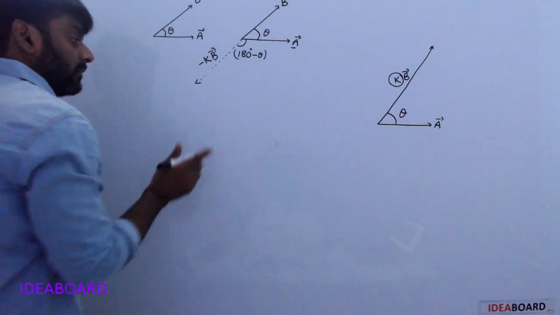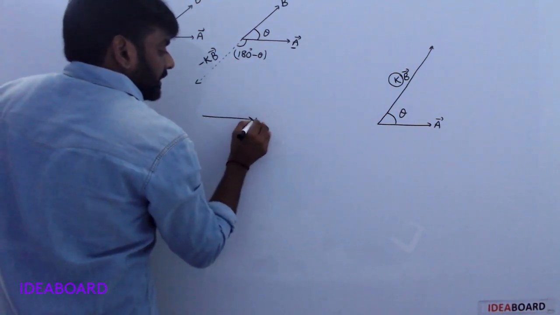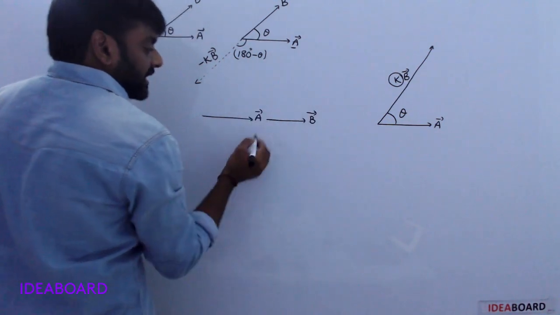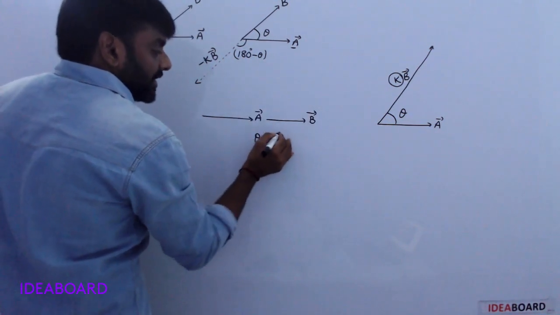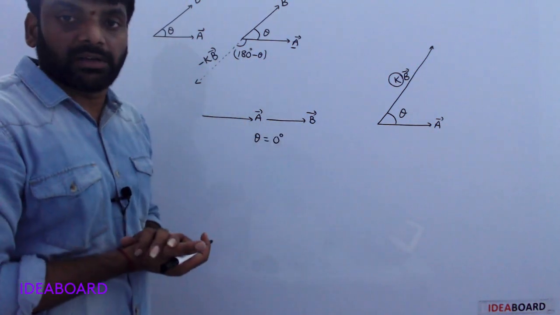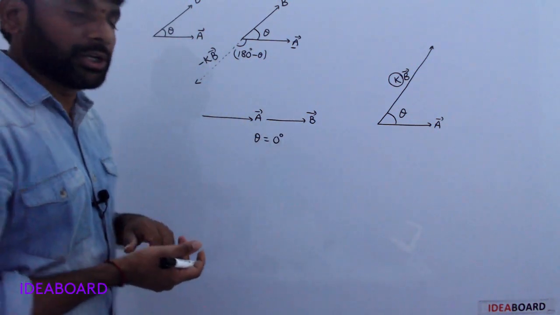Understood? Now, here A bar and B bar are both in the same line, same direction. What about the angle here? 0 degrees. Angle theta equal to 0 degrees.